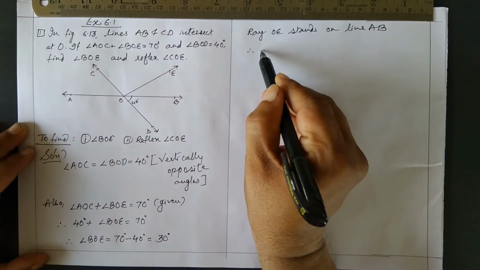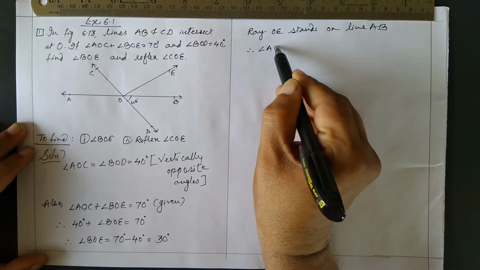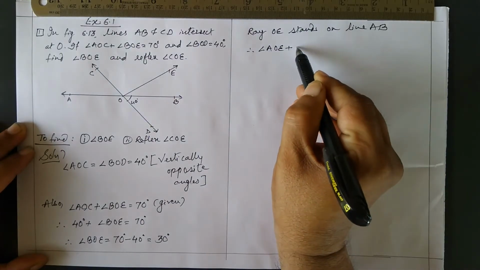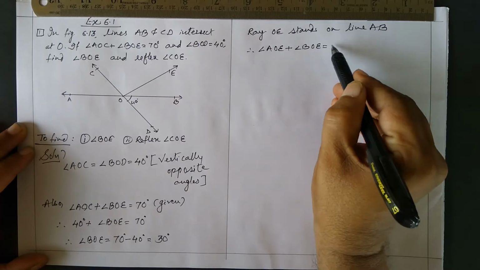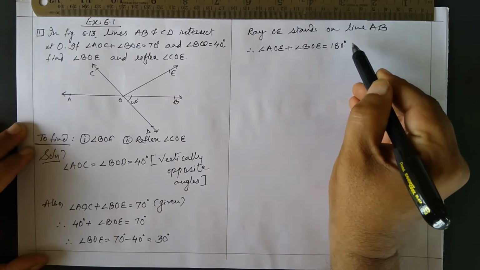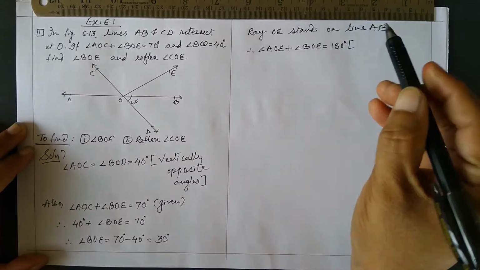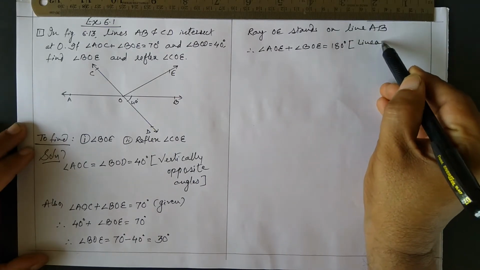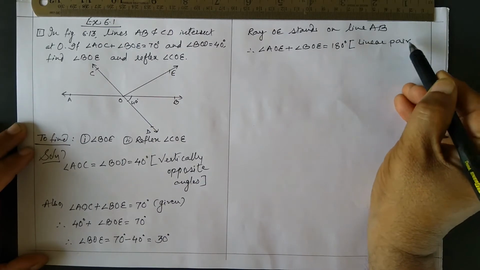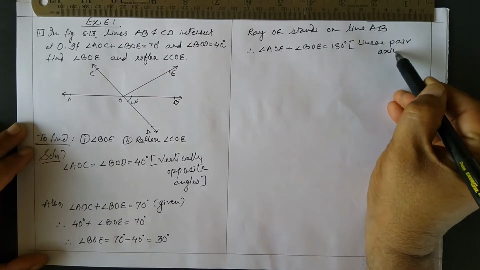Therefore angle AOE plus angle BOE is equal to 180 degrees. Linear pair axiom.